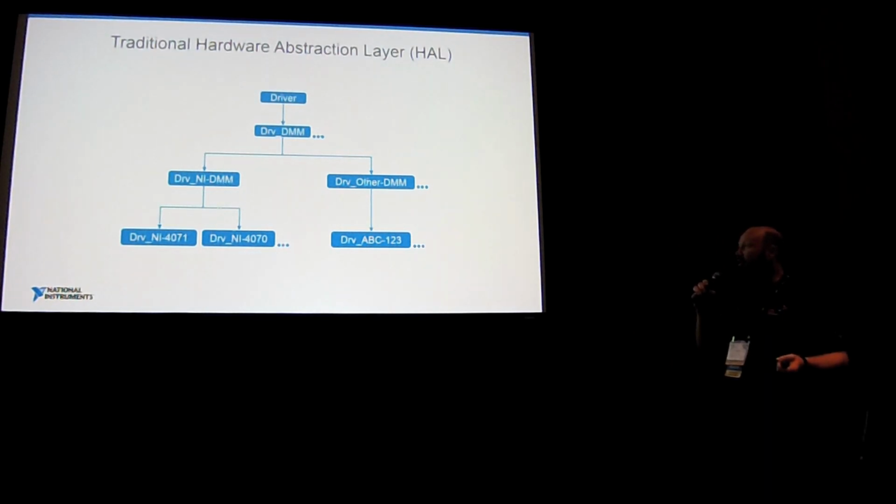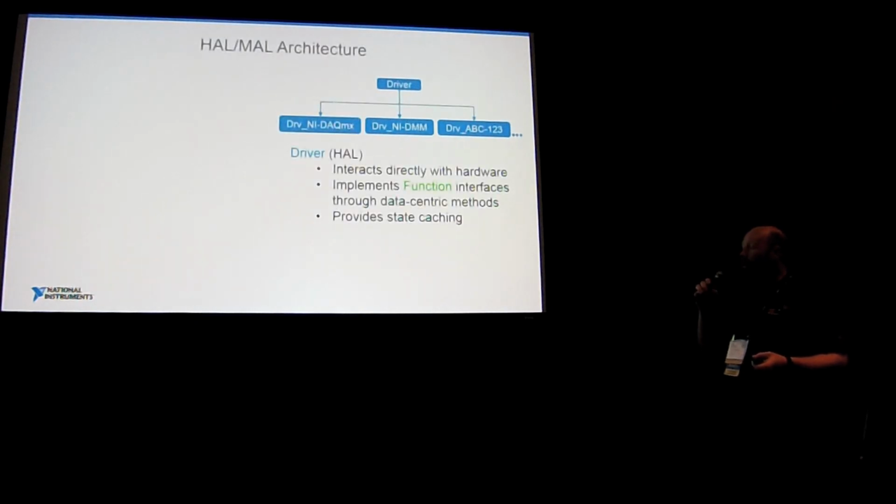So what we've done internally is we've made our HAL, or hardware abstraction layer, a lot flatter. Now it can be extended, and we'll show you that in a future slide, but we've basically made a flat structure for our HAL internally. And we said that anytime you're talking to a piece of hardware, that is a hardware abstraction, right?